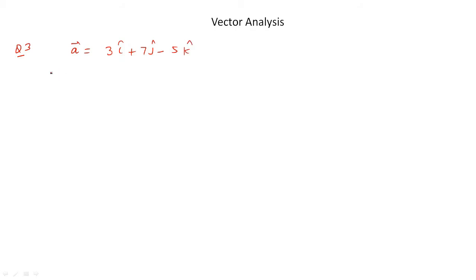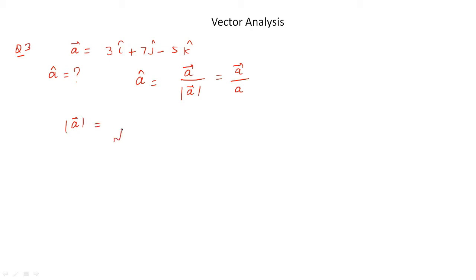Here we have to find the unit vector A. So for finding the unit vector A, we know that a unit vector can be found as, we will divide vector A by the modulus of the vector, or we can write it as vector A upon A.